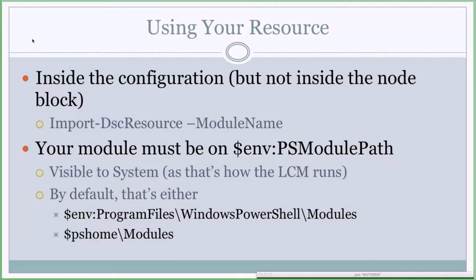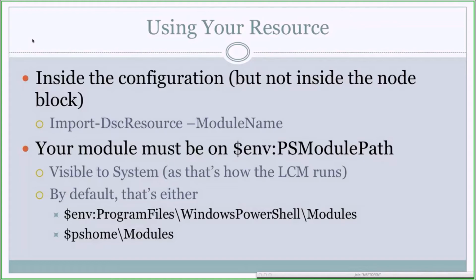You can add other locations to PSModulePath for the computer at the system level. Sort of. You can do it with PowerShell 5. You can do it with PowerShell 4 if you have the November roll-up patch.